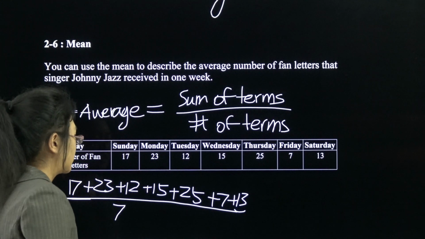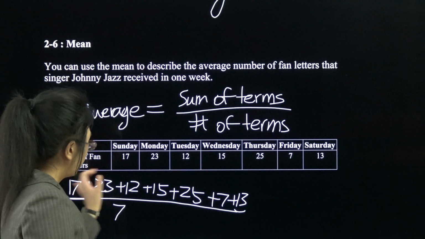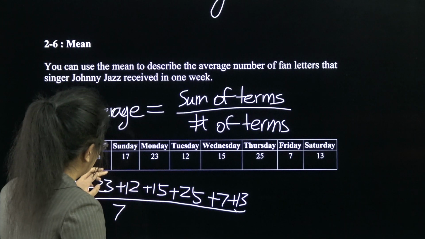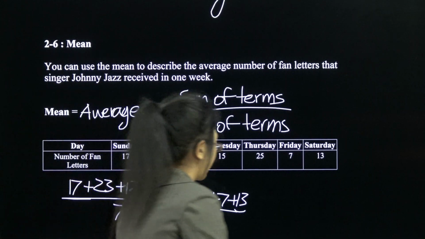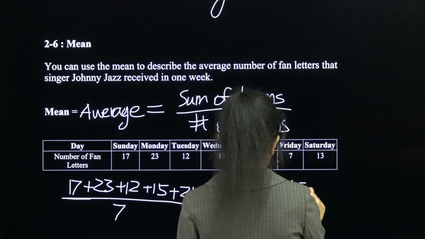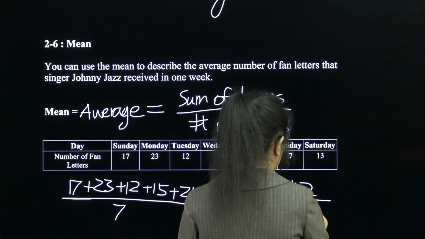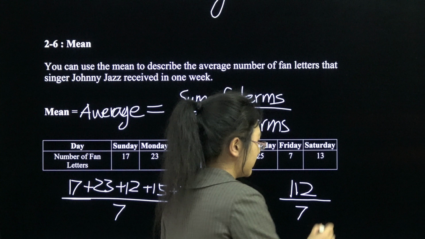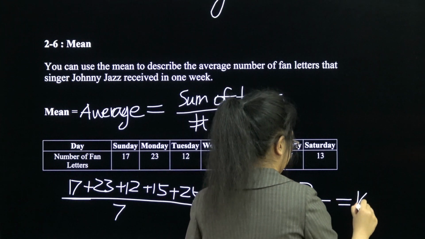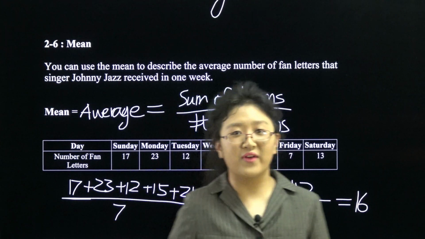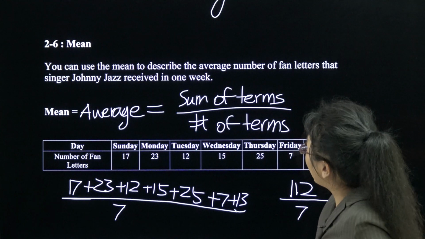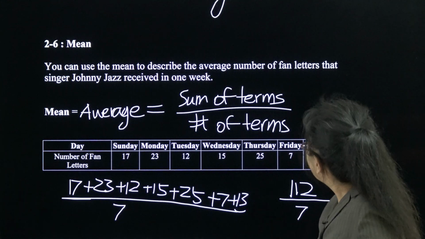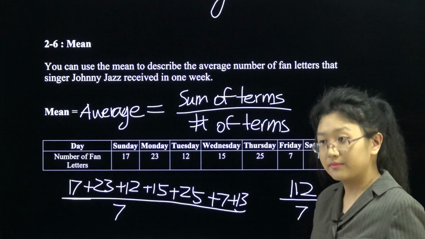Now let's calculate this. This is 112 over 7, which is 16. So the average number of fan letters that he received every day for this 1 week is 16.